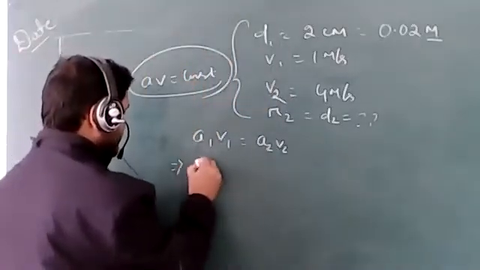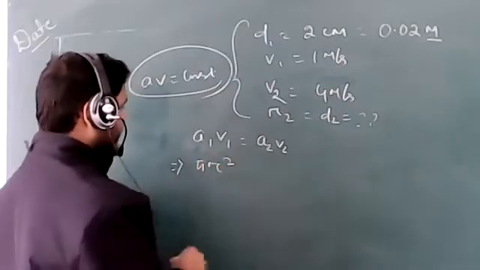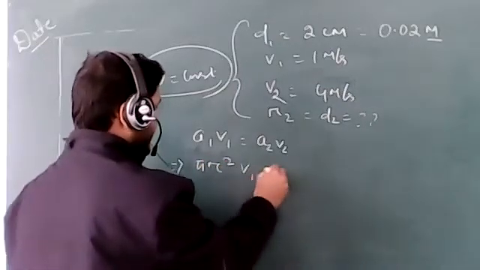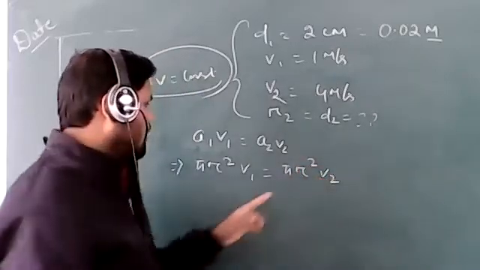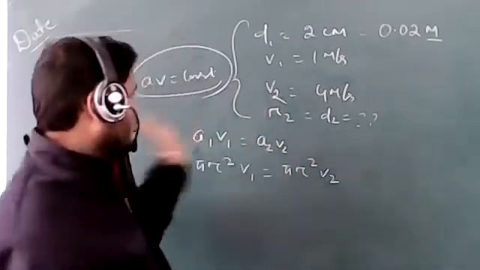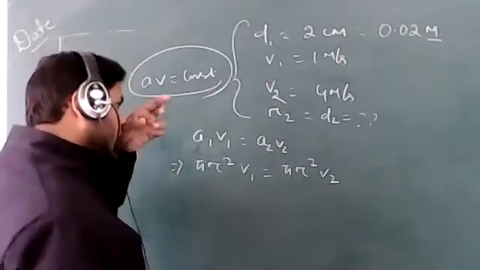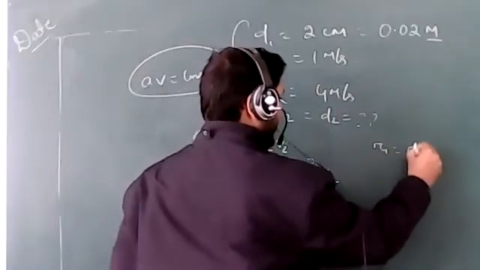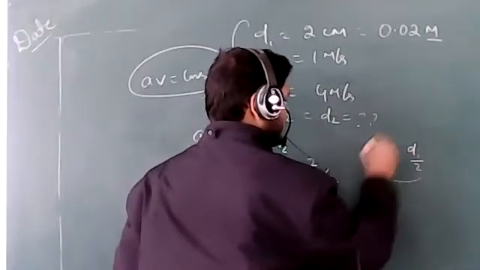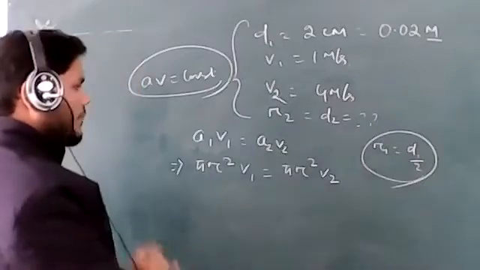A1 means the area, pi r square, into V1, equal to pi r square into V2. Here r is not given, but the diameter is given, and we know that radius equal to diameter upon 2.